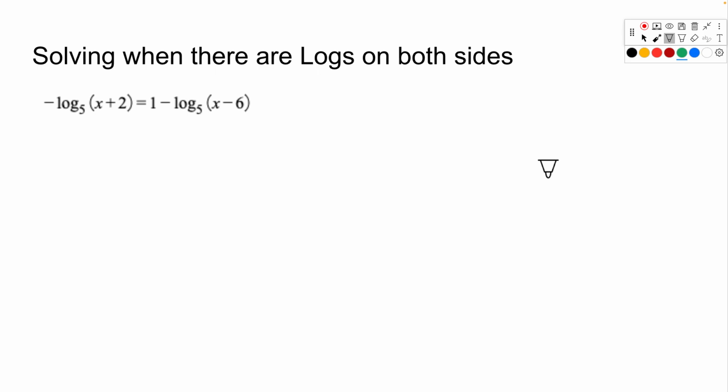Get the logs on the same side, right? If we get those logs together, remember we can then do log properties, because they'd either be added or subtracted. We can make them into one logarithm, and then we could do the log dance. So that's the process with these. Get the logs together, use logarithm properties. So since there's a 1 over here, I'm going to add log base 5 of x minus 6 to both sides.